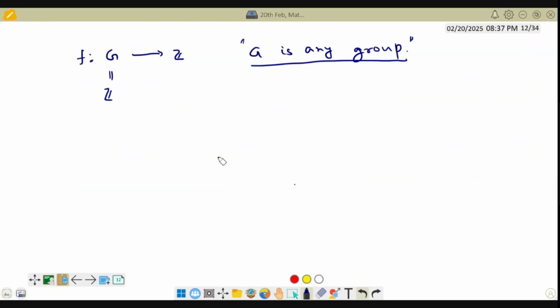Okay, let's break down this problem. Case 1: G is a finite group. Now, can you use the first isomorphism theorem? Can you argue whether any group homomorphism is possible or not? Just use the first isomorphism theorem.